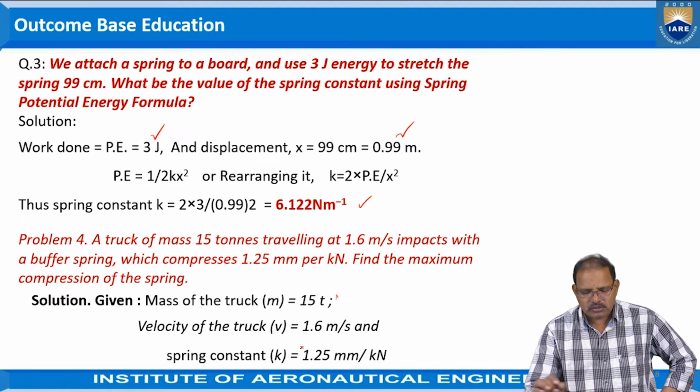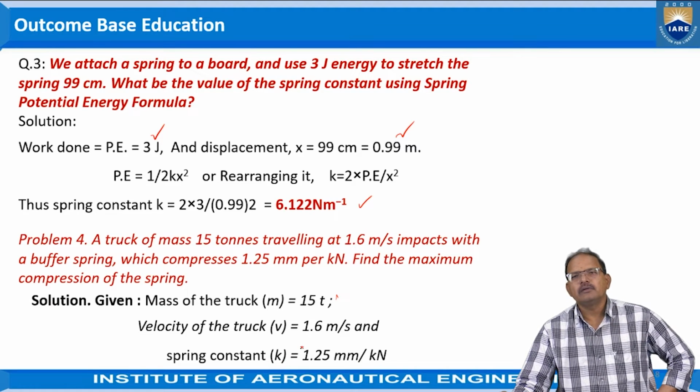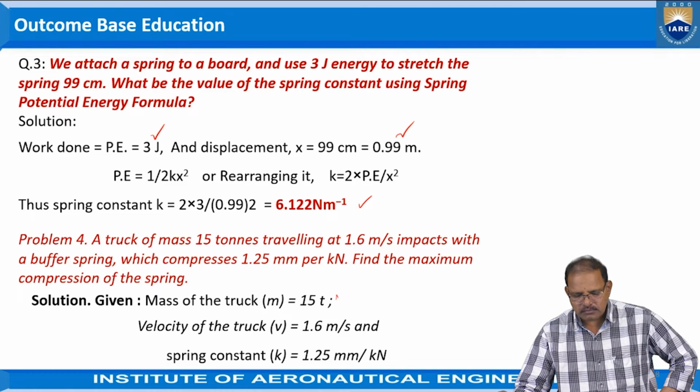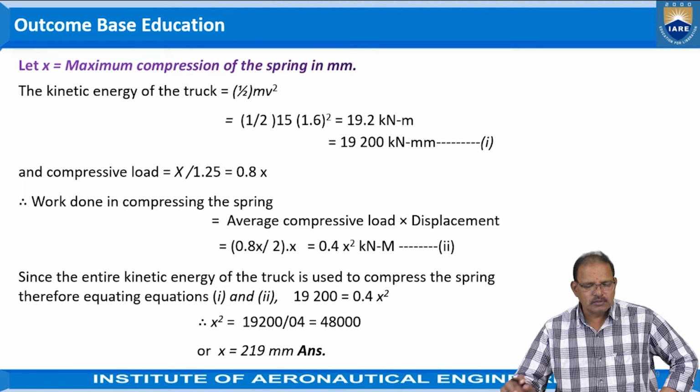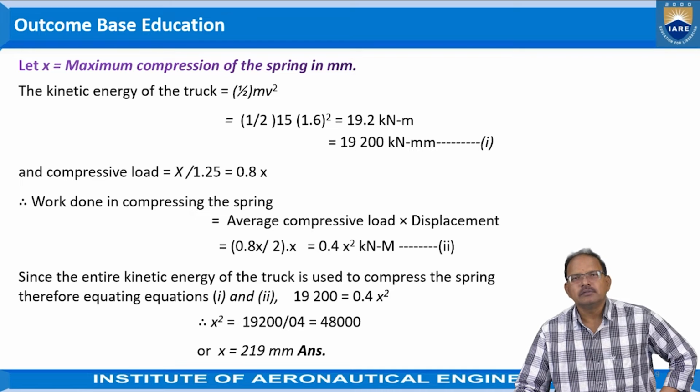Spring constant is 1.25 mm per kilonewton, as given. So let x be the maximum compression of the spring in mm.